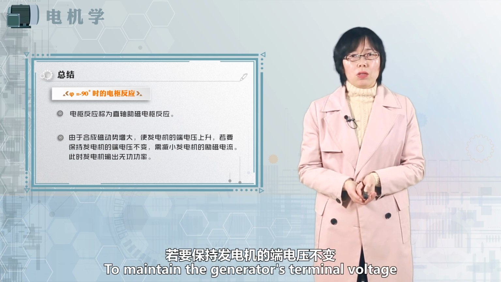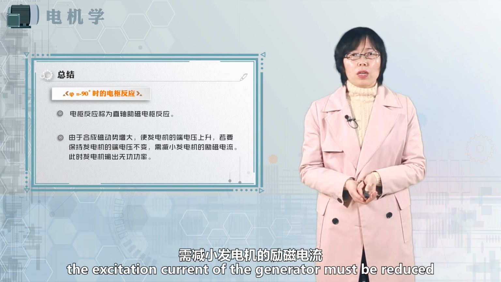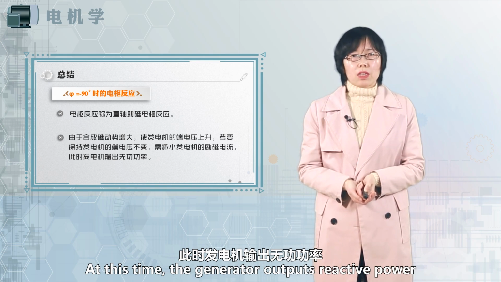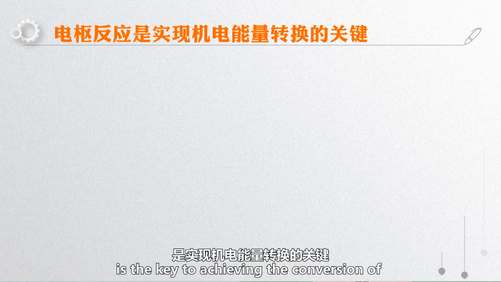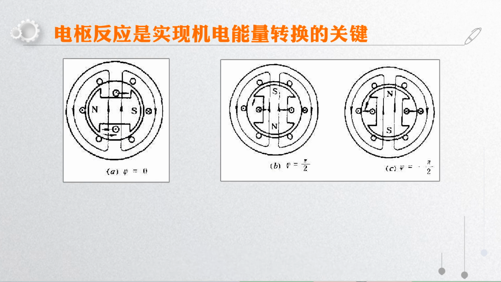To maintain the generator's terminal voltage, the excitation current of the generator must be reduced. At this time, the generator outputs reactive power. Armature reaction is the key to achieving the conversion of mechanical energy to electrical energy.